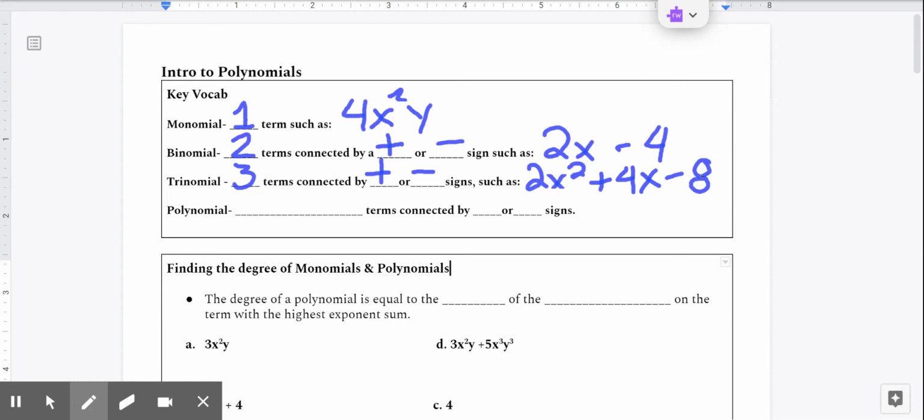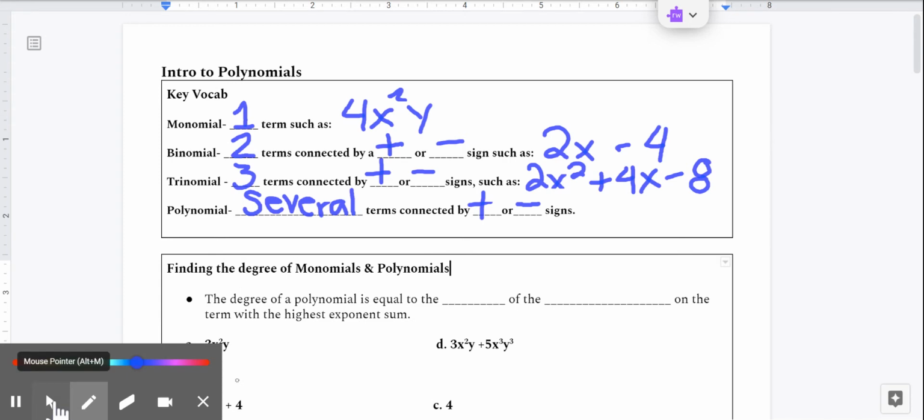And a polynomial is kind of a more generic term, just meaning several terms or multiple terms connected using those addition or subtraction signs. So a trinomial could be considered a type of polynomial, or a polynomial could have 4 or 5 or more terms also. So polynomial is a little bit more generic of a term.